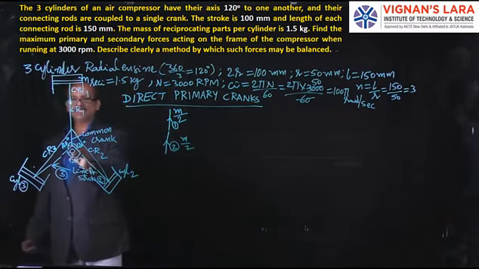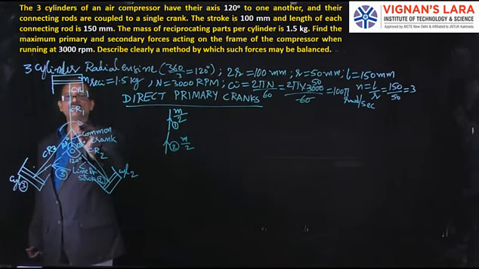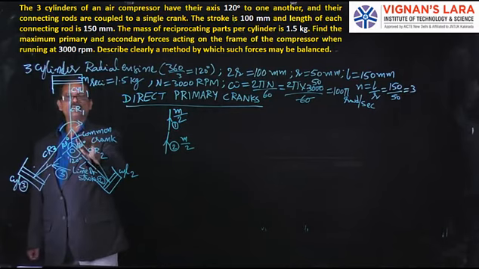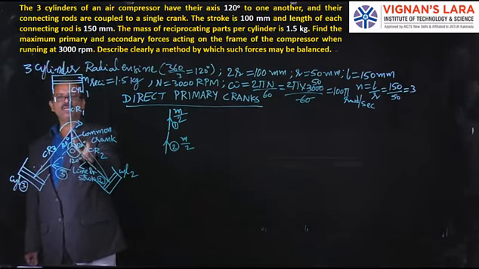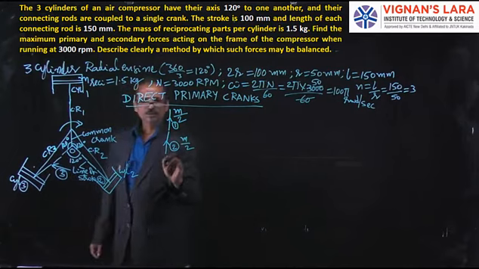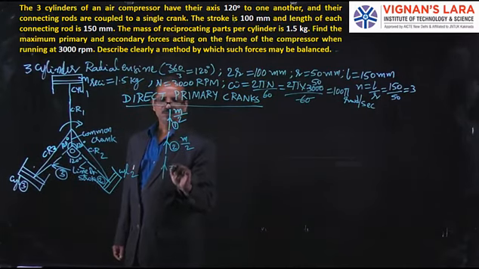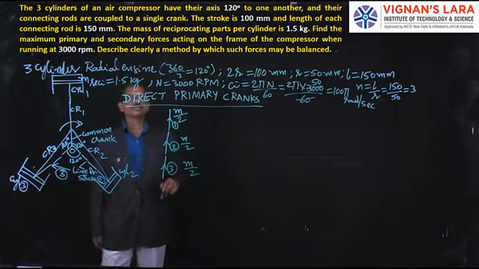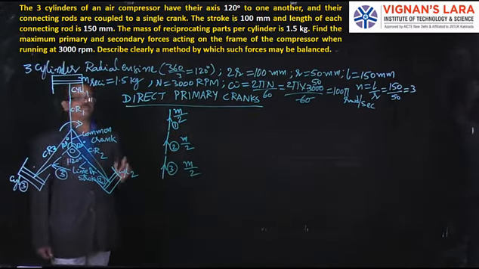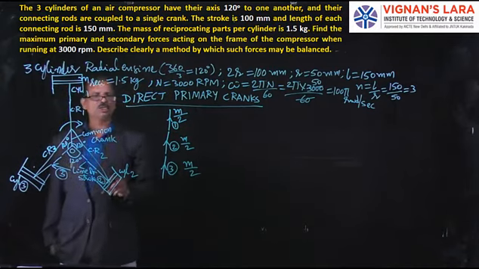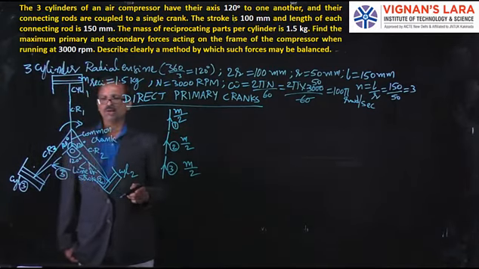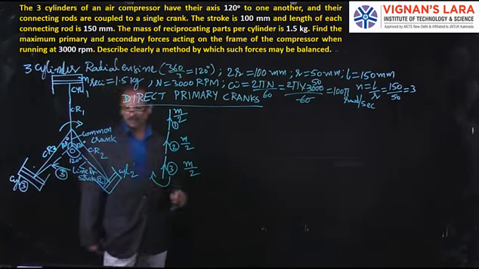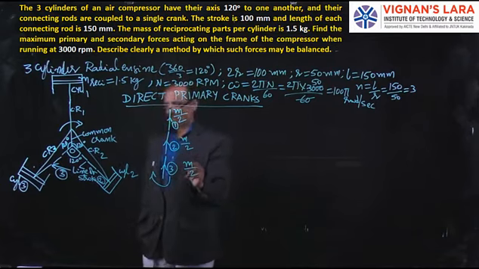For cylinder 3, say this is revolving clockwise, this is 240 degrees, and the direct crank is available here at the same location, the third one with m by 2. So for 1, 2, 3, the direct crank position is at theta 0 degrees, revolving clockwise, each with mass m by 2.